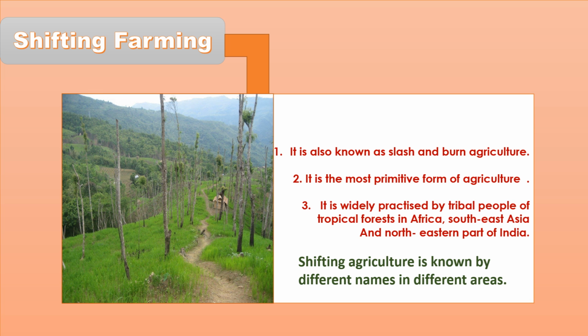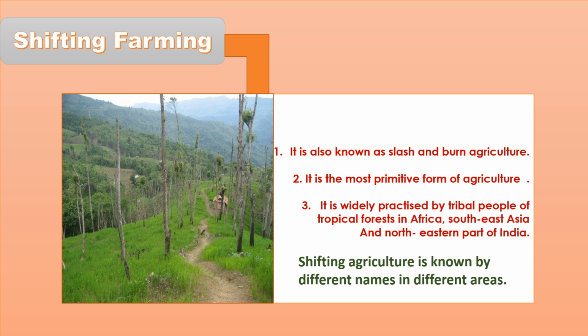At first, in the very first or second video, I don't remember exactly, I discussed with you all shifting farming, that it is also known as slash and burn agriculture, and it is the most primitive form of agriculture. It is widely practiced by whom? By the tribal people of tropical forests in Africa, Southeast Asia, and the northeastern part of India.